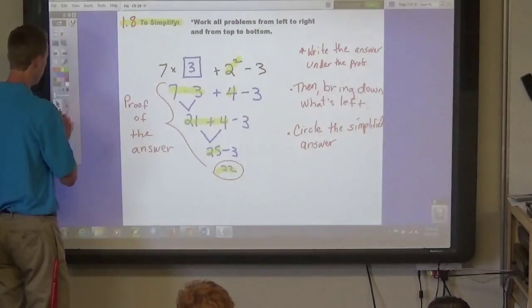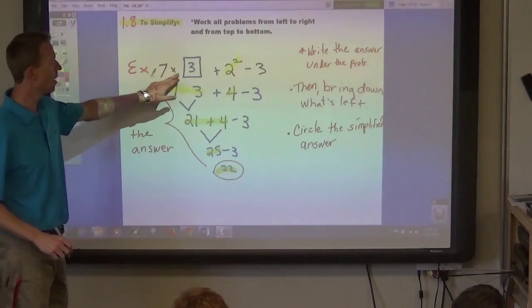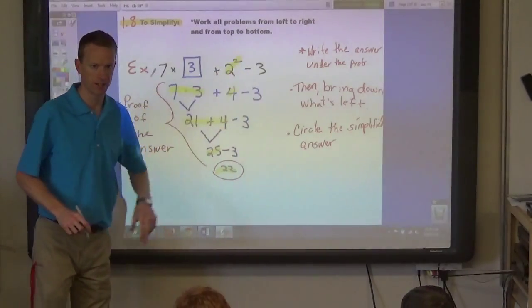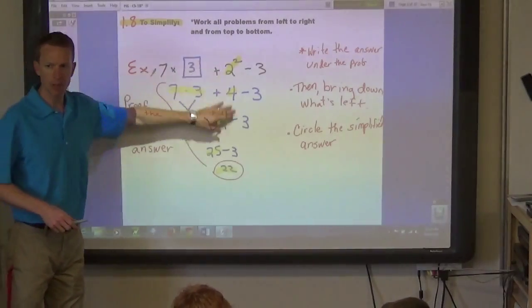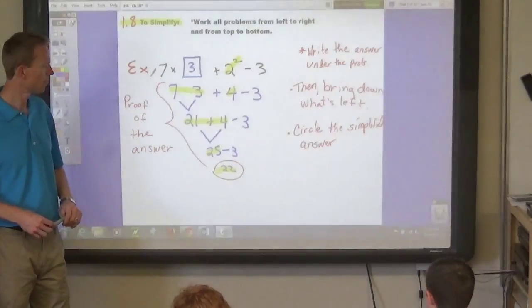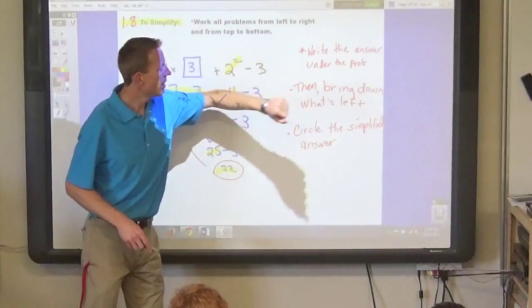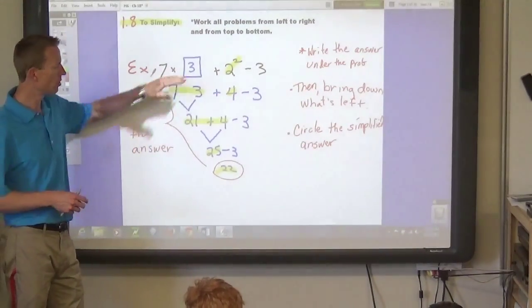In this example, this is the problem we're starting with. 7 times 3 plus 2 squared minus 3. Now, instead of copying this right now, I want you to follow what we're doing in each step. First, you write the answer under the problem when you're simplifying.